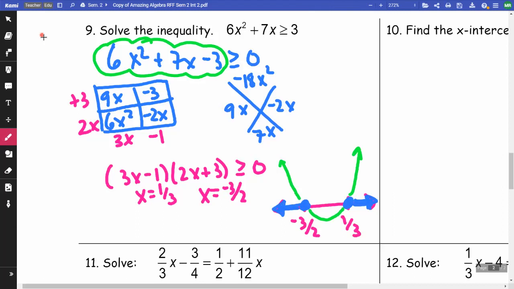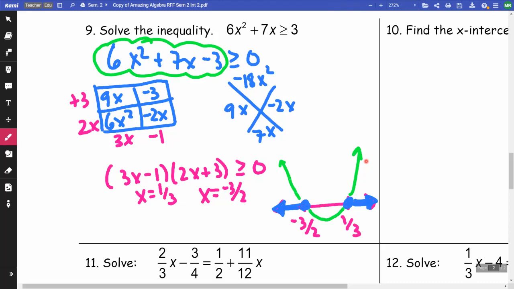And again, it's because this is a positive parabola. These would be where it equals 0, these two values. So that would be where it's on the x-axis. So if I was just to sketch an open up parabola going through these 2 points for the x-intercepts, I'm above 0 here. I'm at 0. I'm below 0 here.